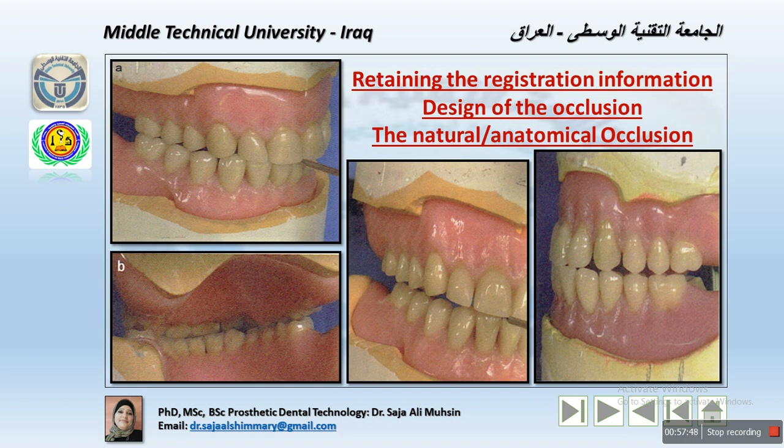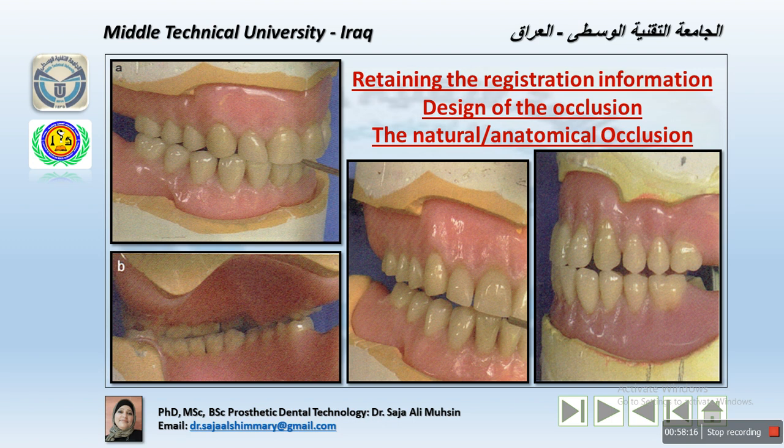As I mentioned, the occlusal contacts in natural anatomical occlusion are between the buccal cusps of the lower teeth and the central fossae of the upper, and the palatal cusp of the upper teeth and the central fossae of the lower.